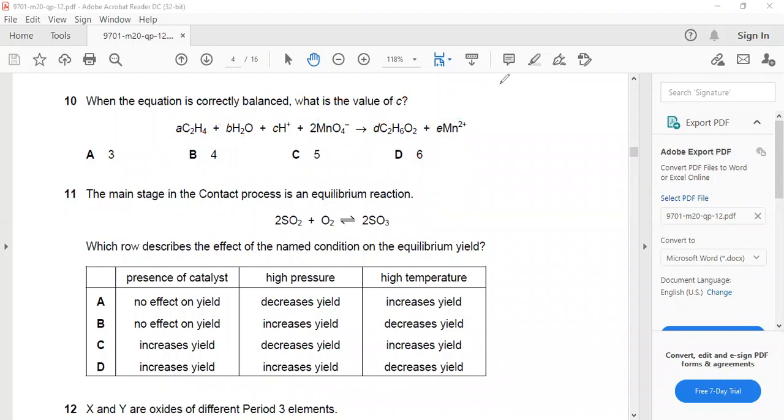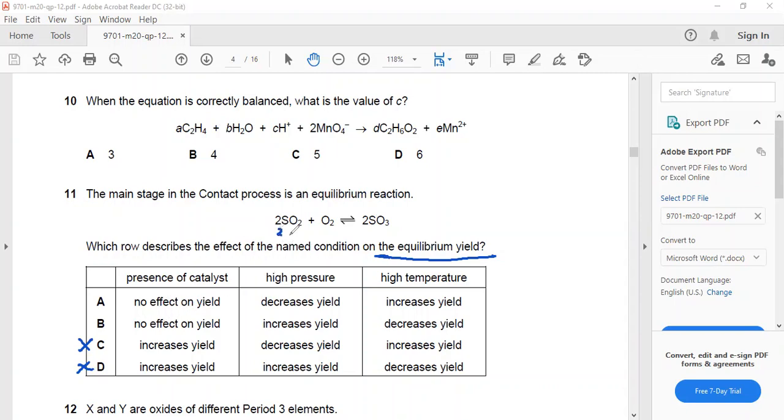Okay, number 11. It's about equilibrium, and you can do it like an O-level based question. You must know that there is no effect of catalyst on the equilibrium yield. So eliminate the wrong answer; a catalyst cannot increase the yield.